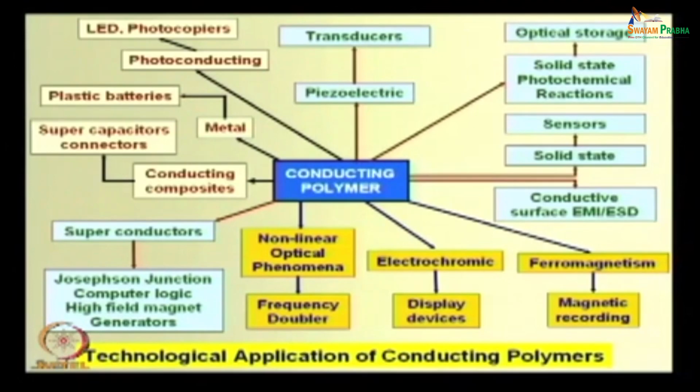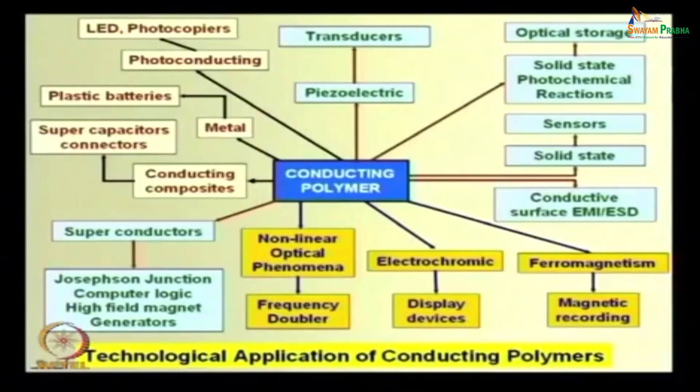What not today? Because of its versatility, because of its flexibility to prepare, because of its good processability, easy processability, because of its stability, etc., and unique properties, unusual properties, which is not always found with inorganic semiconductors.